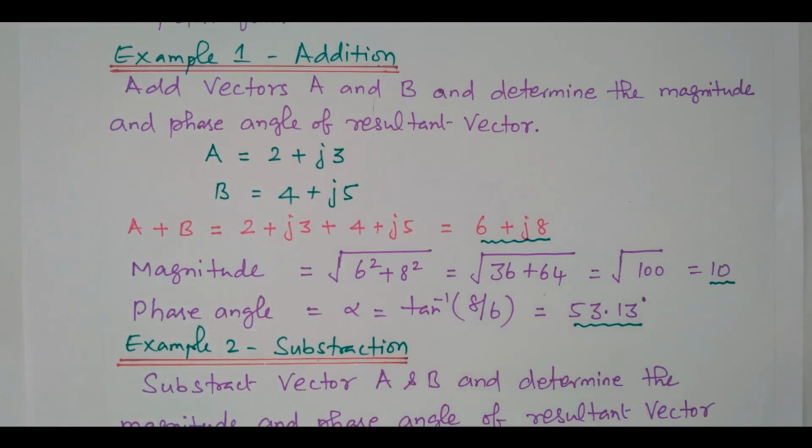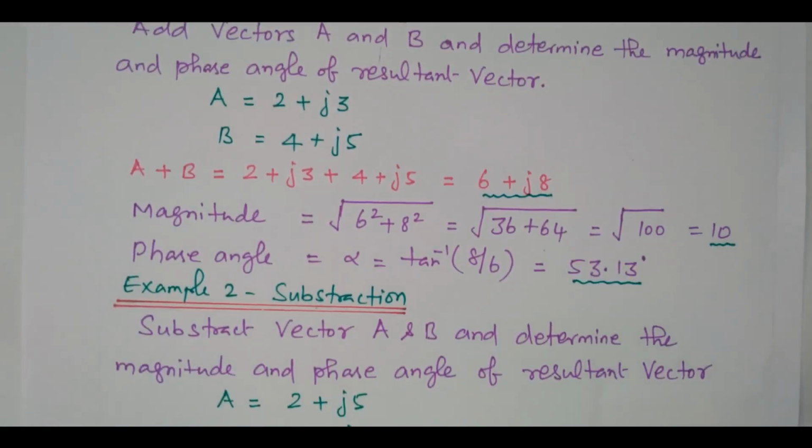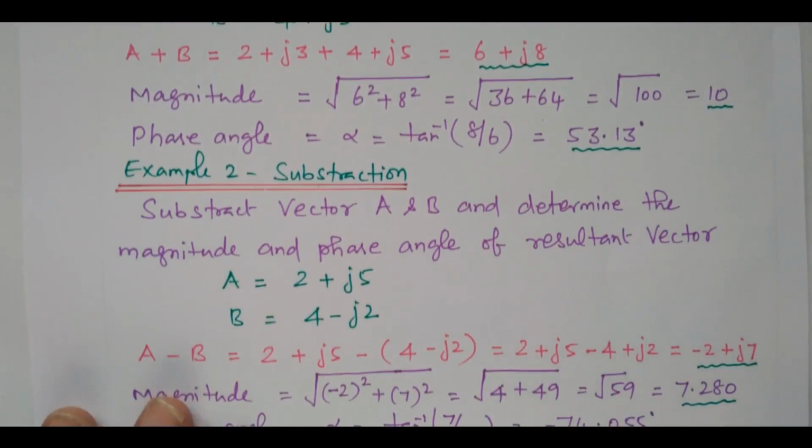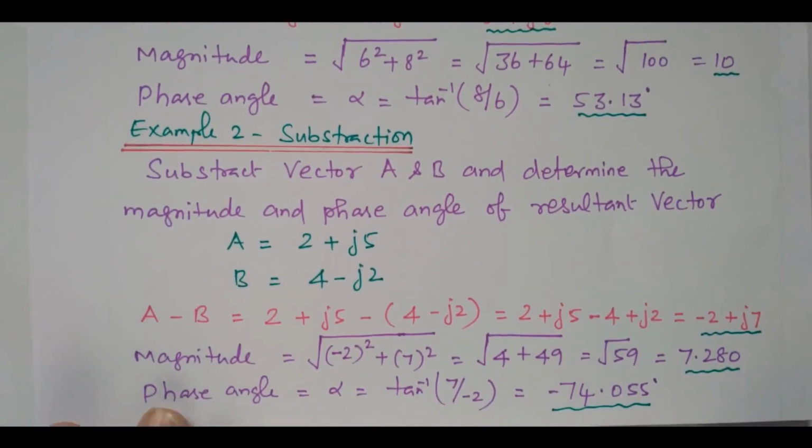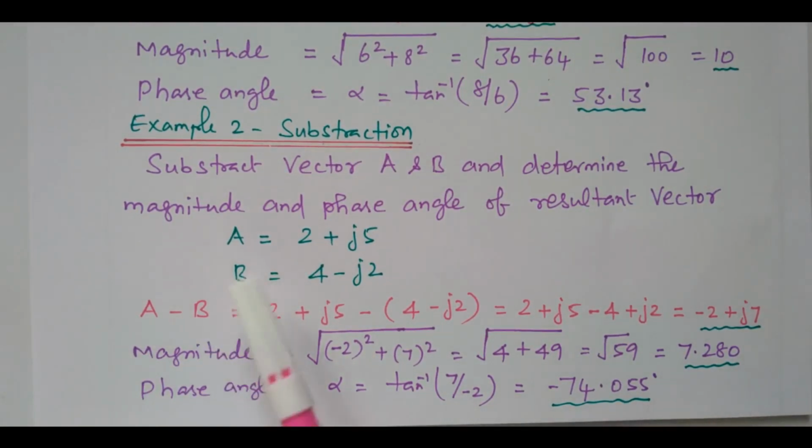Now we will go to the second problem for subtraction. Here another two vectors are available, A equal to 2 plus j5, B equal to 4 minus j2. The first question is A minus B. We need to subtract these two vectors. A is nothing but 2 plus j5 minus of, we put the minus commonly, 4 minus j2.